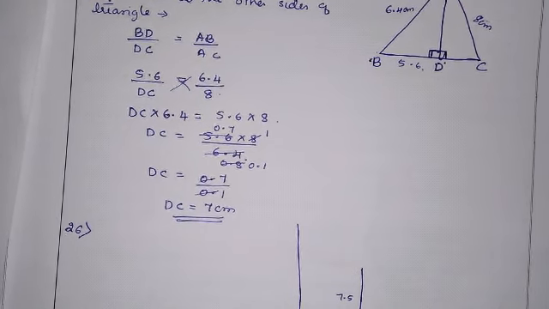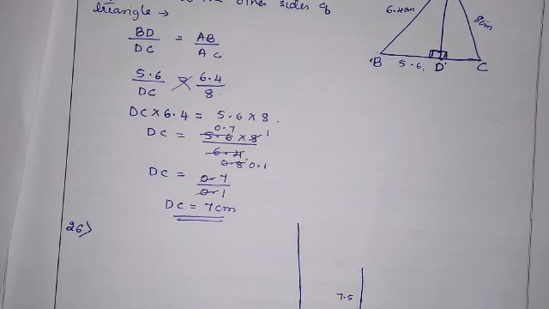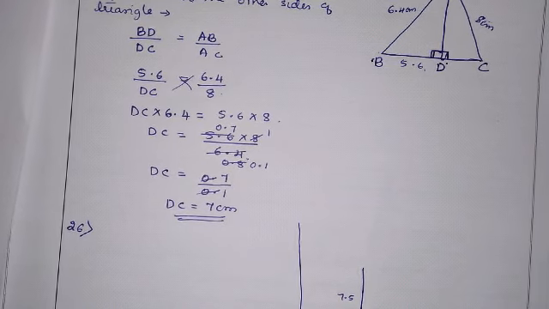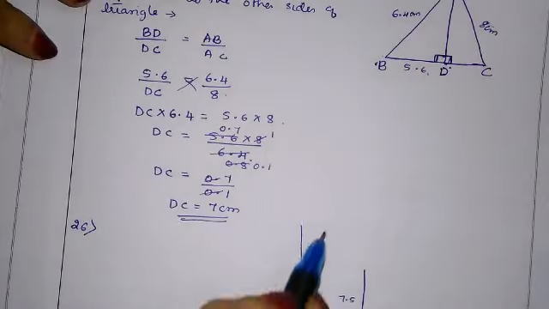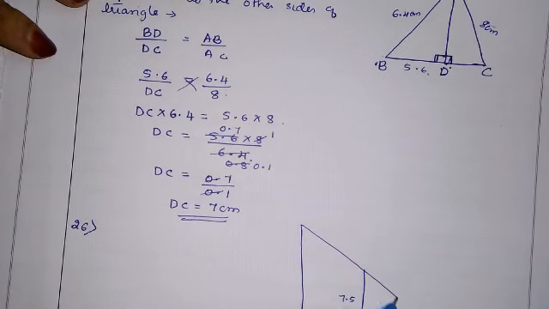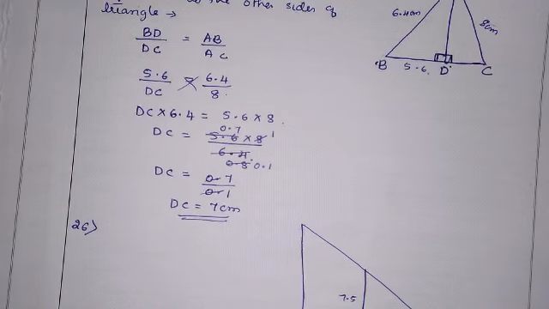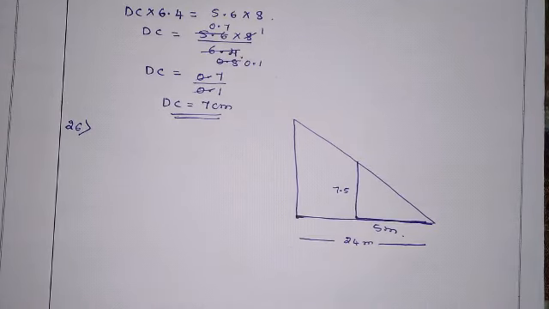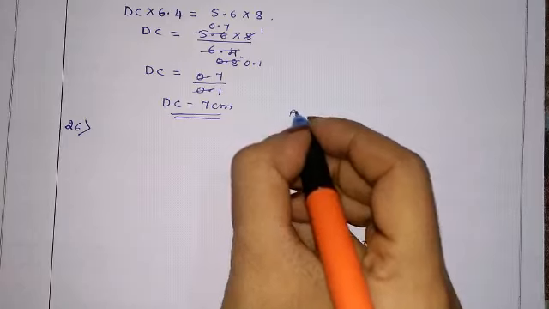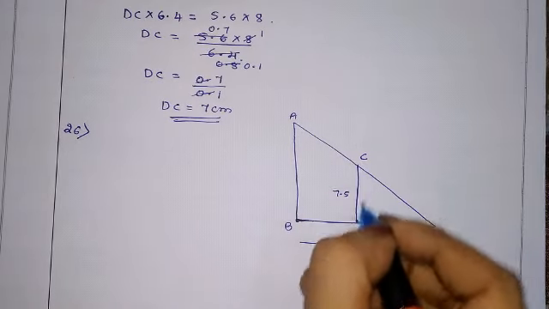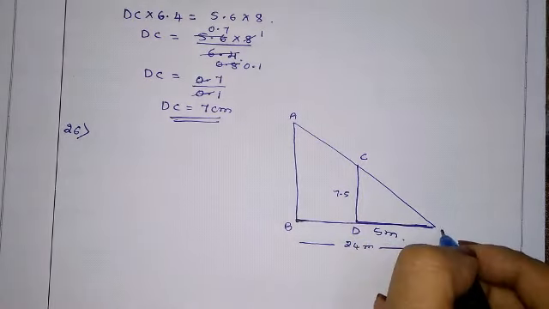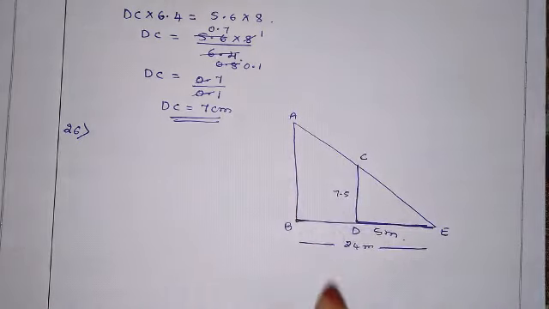The tower's shadow is 24 meter. Find the length of the tower. We will join this. Now we will write names to this: A, B, C, D. If we want, we can draw this triangle separately also.